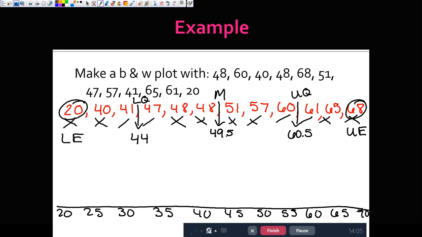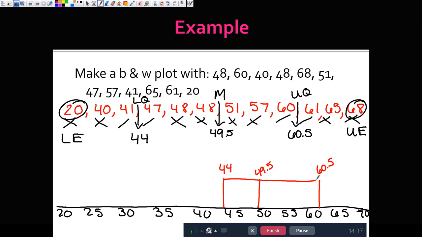Okay, so we're going to start with our median at 49.5, which is almost 50. So just a little bit next to 50, I'm going to draw a line up and label that 49.5. Then our upper quartile is 60.5, so a little bit above 60. Draw a line, label it 60.5. Our lower quartile is 44, which is right before 45, and label it 44.